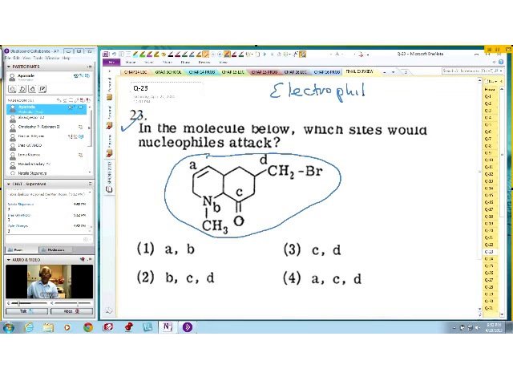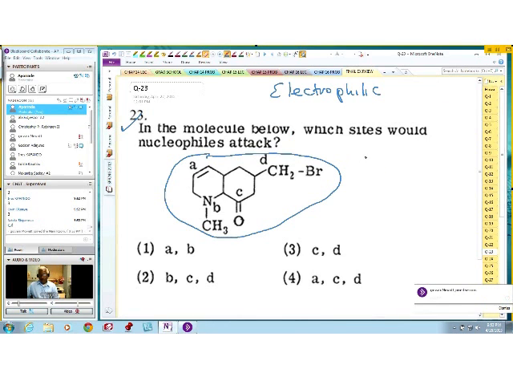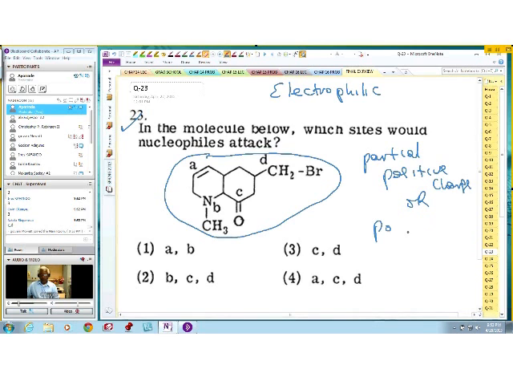Which is another way of saying which of the carbons will have a partial positive charge or a positive charge. Because a positively charged carbon atom will be electrophilic.